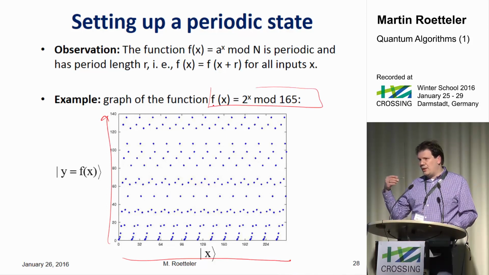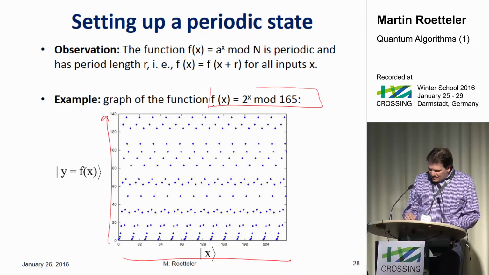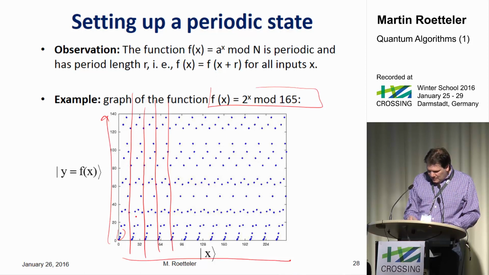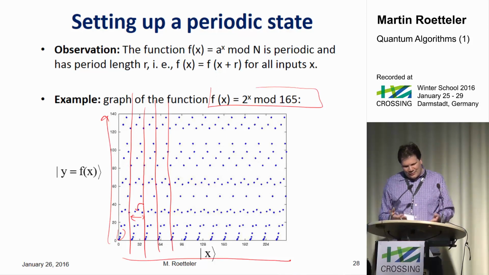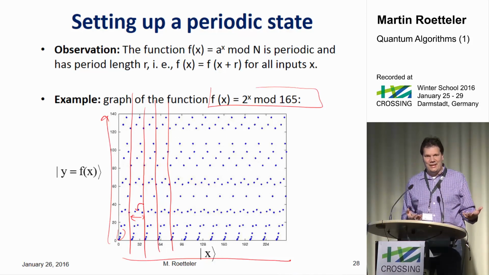In general, we would pick a random element mod n, and with high probability it would be good because we would have full period. And as you can see, the state is periodic, right? You can get maybe a sense that, all right, this is roughly the period here. And the question is, of course, how do we extract it from this representation of the state? How do we get it out in our classical domain?